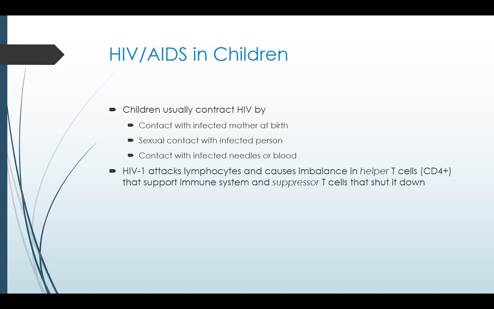HIV-1 attacks lymphocytes and causes imbalance in the helper T cells, CD4+, that support the immune system and suppresses the T cells that shut it down. The CD4 cell count is a measure of the damage of the immune system caused by the HIV and guides treatment options. ELISA test and Western blot test to diagnose HIV are not reliable in children under 15 months of age.